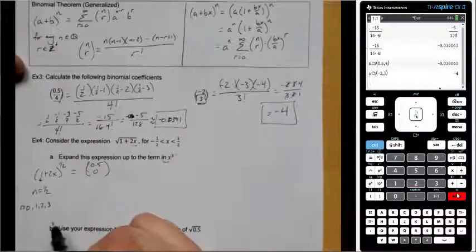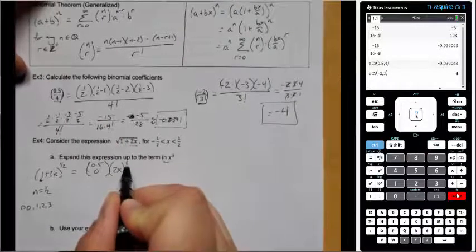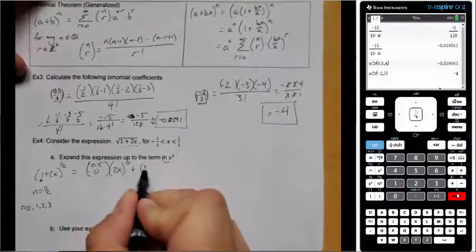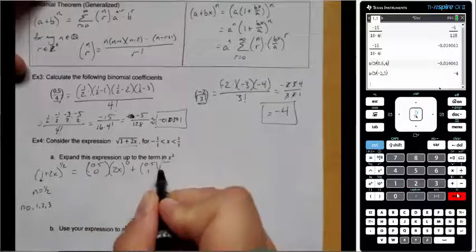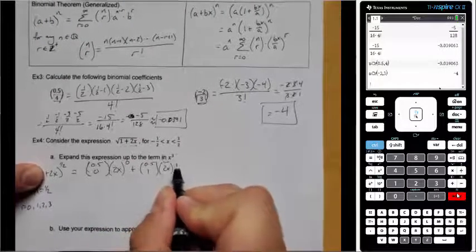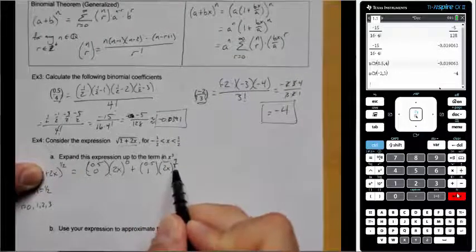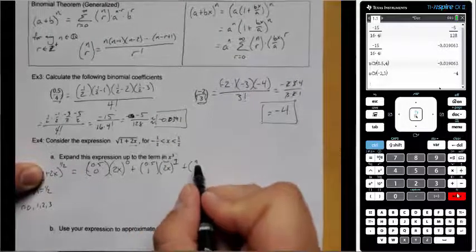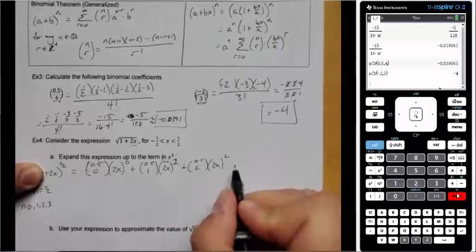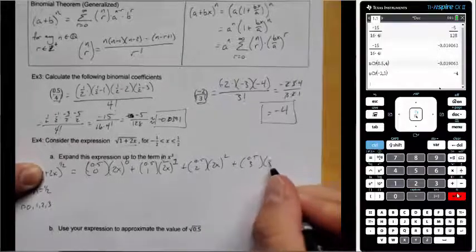So that's good. 1 to every power is 1, so I'm going to omit it. And then 2x to the 0 power, plus 1/2 choose 1 times 2x to the first power, because the r's should match, plus 0.5 choose 2 times 2x squared, plus 0.5 choose 3 times 2x cubed.